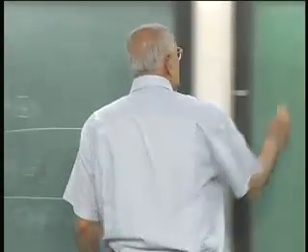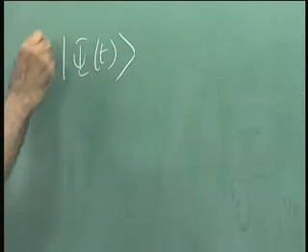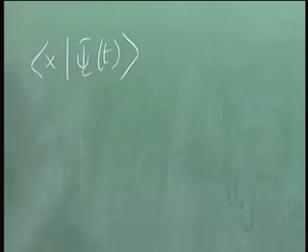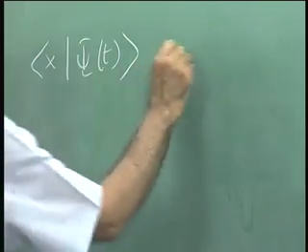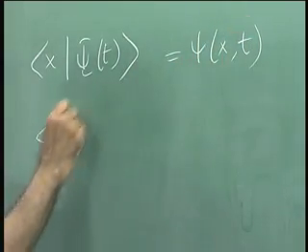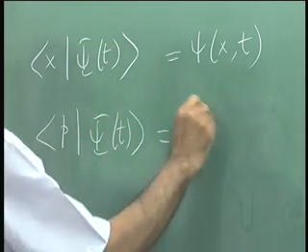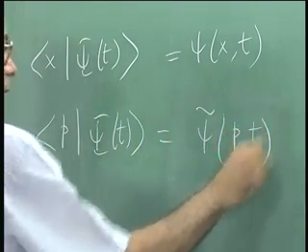We already proved, remember, that if you took a state vector psi of t and asked what its position space representative is, this was equal to psi of x comma t, and similarly in the momentum basis it is psi tilde of p and t.